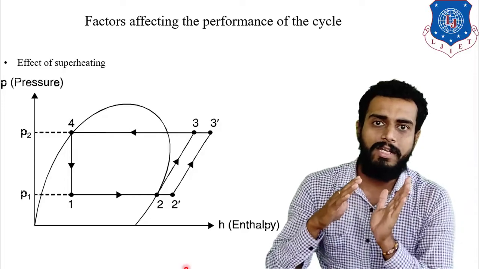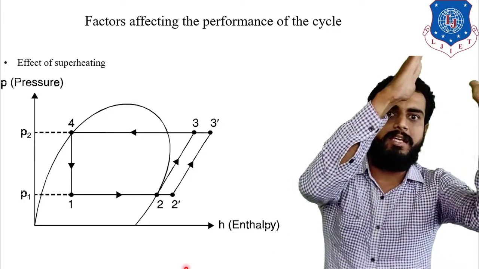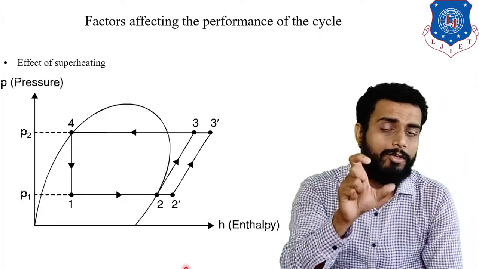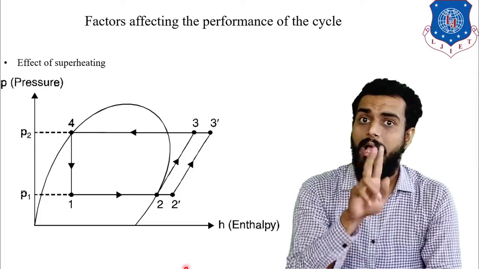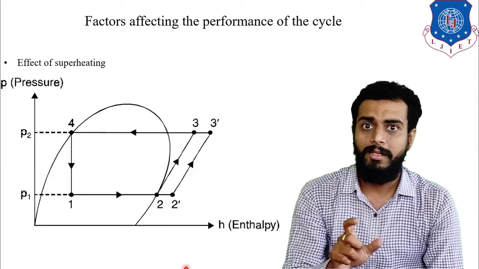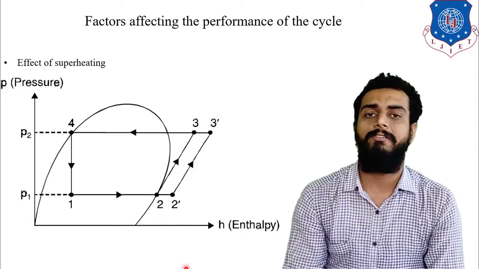Because observe, students, they are not parallel, they diverge from each other when moving outward. So H3 dash minus H2 dash will have a higher value compared to H3 minus H2. But the dominating value here is the refrigerating effect.